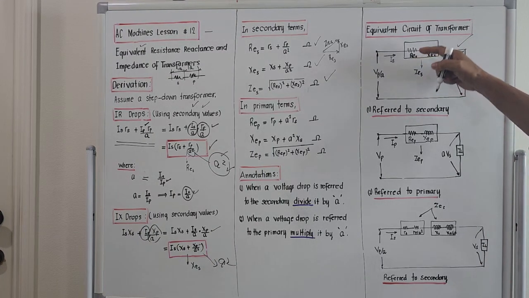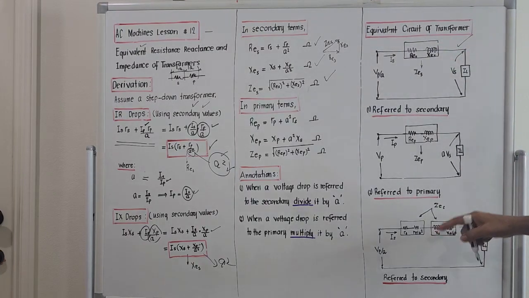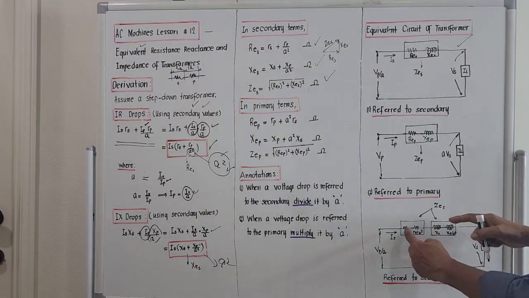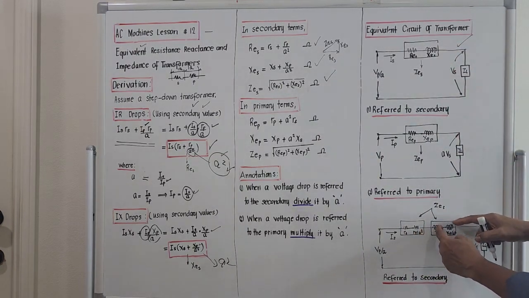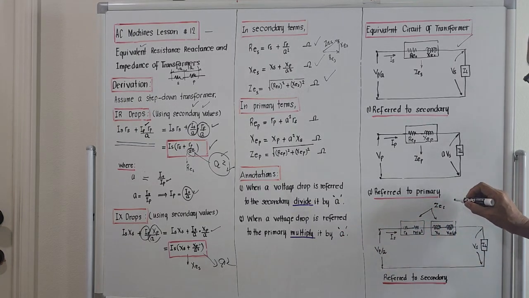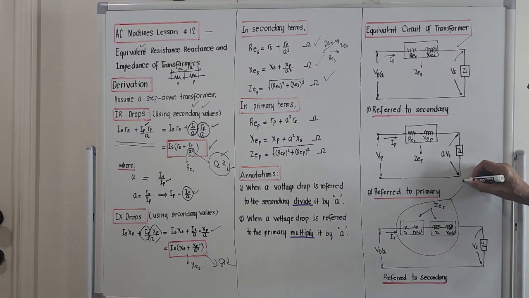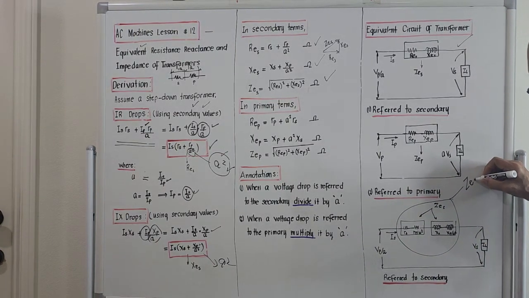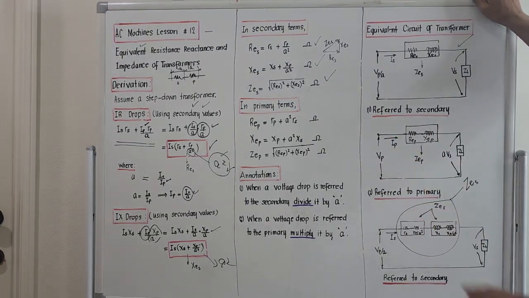This value here are actually two resistances. This is two reactances. The first one is this one. The second one is this one. We just merge it into one. So actually we compress this one and we term this value here as the equivalent impedance referred to the secondary. But we know what is inside.